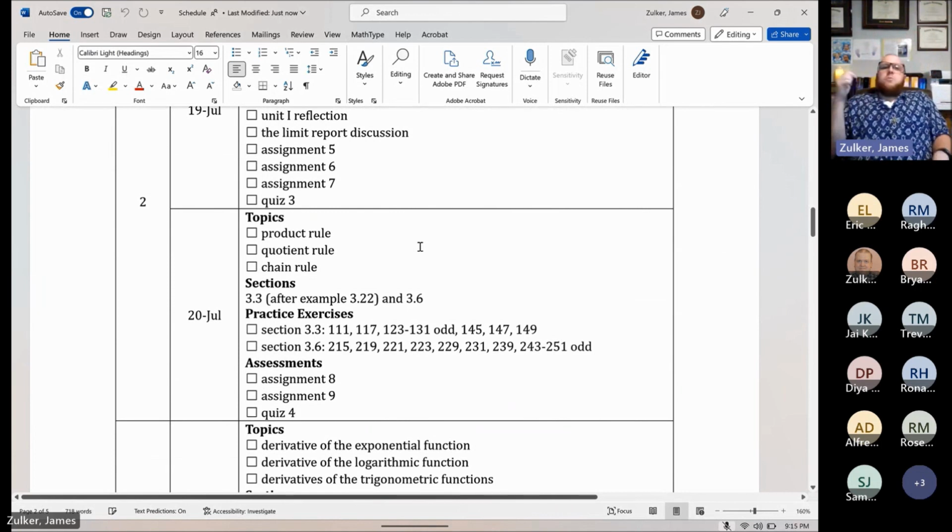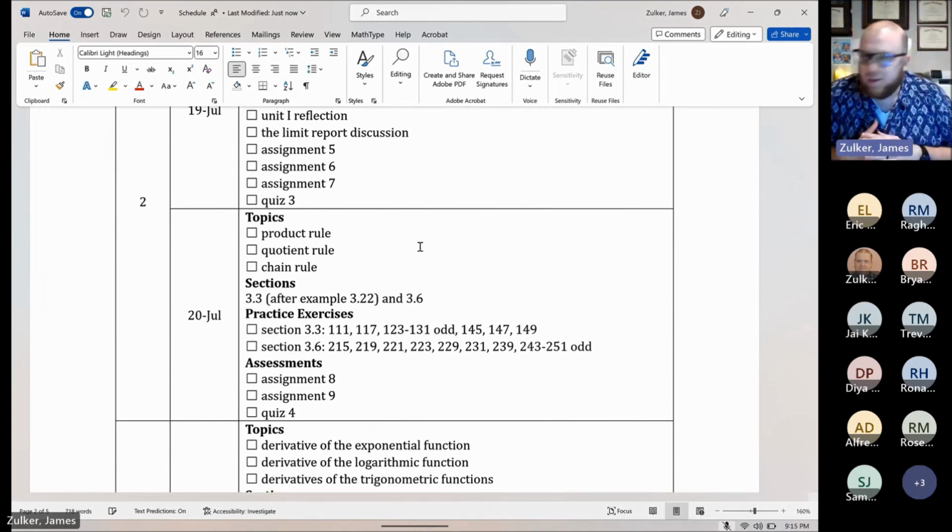Okay, so tomorrow evening, we're going to continue looking at the derivative by looking at three more rules: the product rule, the quotient rule, and the chain rule. Right? Obviously, the product rule gives us a way to find the derivative of a product of functions. Quotient rule is going to give us a way of finding the derivative of a quotient of functions.